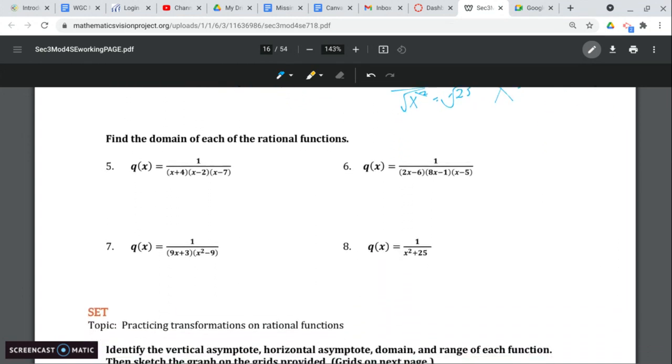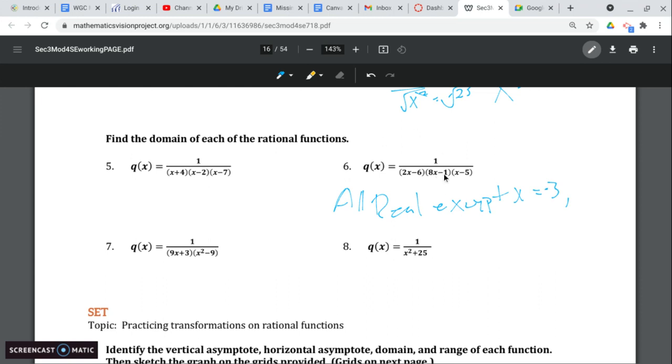So the domain for this one right here, well, 6 divided by 2 is 3, so all real numbers except x equals 3. Sorry, -3.